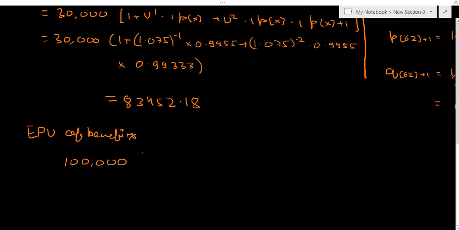So this just becomes your term assurance, that is A^1_{x:3}, plus the pure endowment, A_{x:3}^{1}.